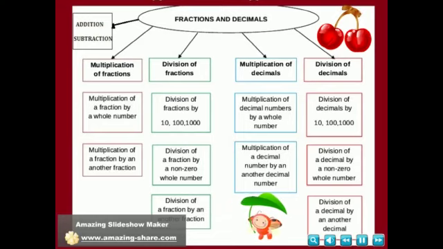And last we had seen division of decimals, in that division of decimals by 10, 100 and 1000, division of a decimal by a non-zero whole number and division of a decimal by another decimal number. So these are all the topics that we had covered in this chapter 2 fractions and decimals.